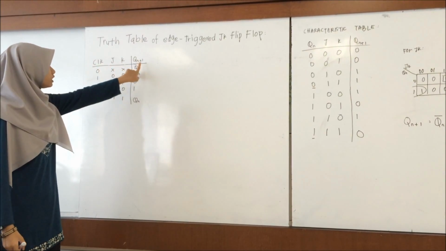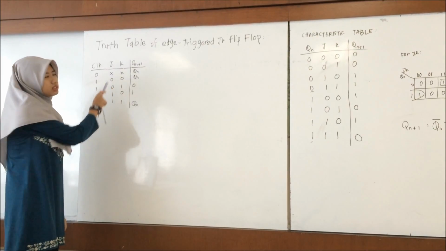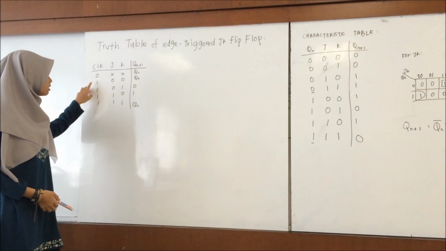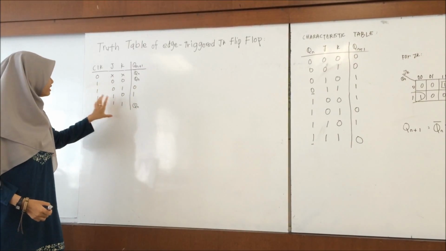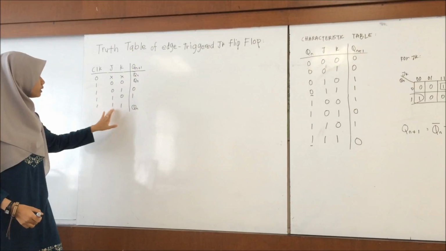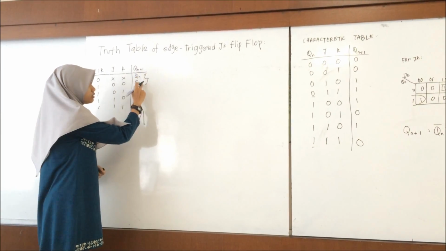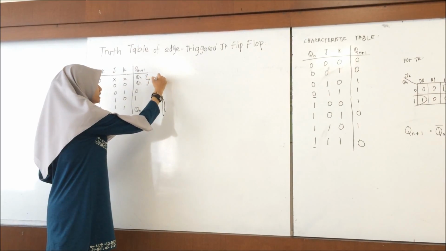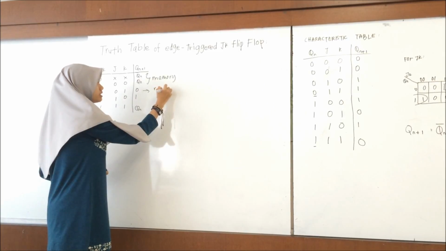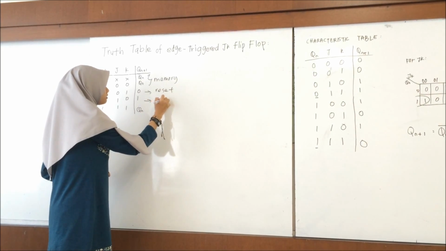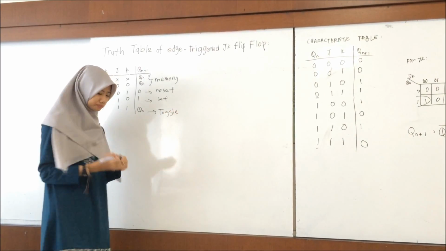Clock, J, K, Qn plus 1, and then 0, this is the don't care condition. 1 0 0, 1 0 0 1 0 1 1 1 0 and 1 1 1. So in the result we get this Qn is in memory condition. This one is reset condition. This one is set condition, and this one is in toggle condition.